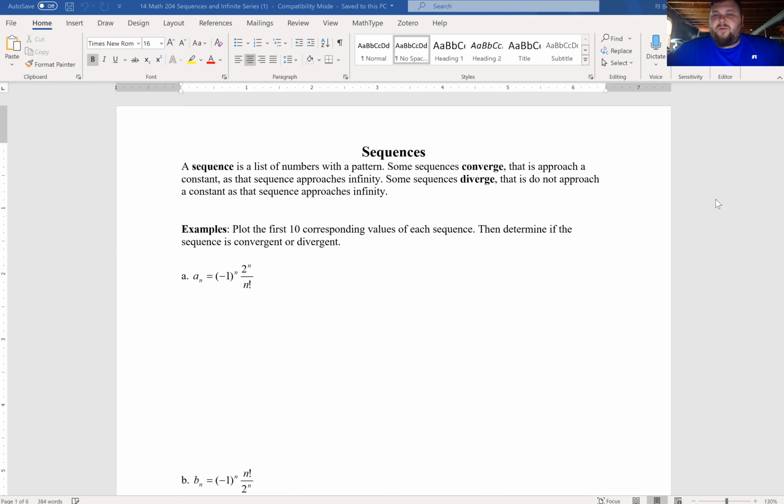And what it means to converge for a sequence is that the sequence approaches some value. So I don't care how many numbers I plug in, but as I plug in larger and larger values, I should be approaching some number.